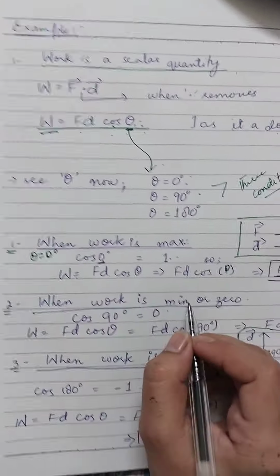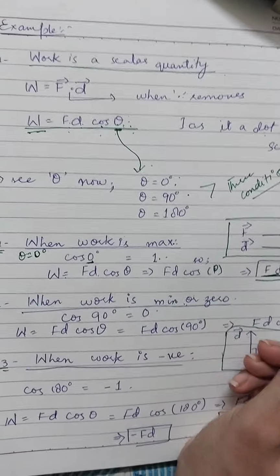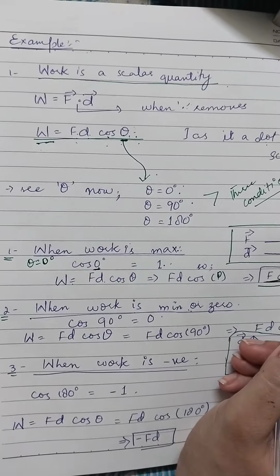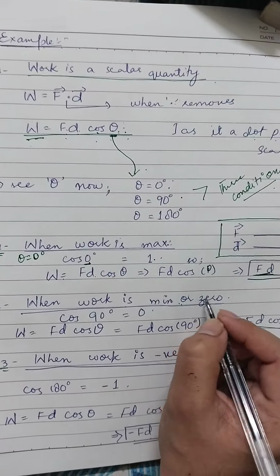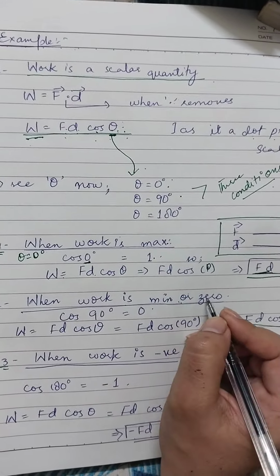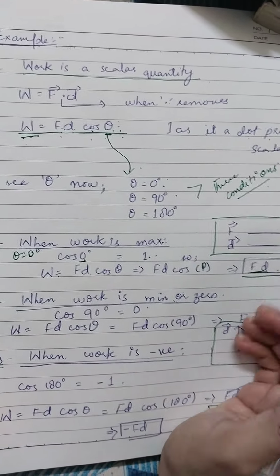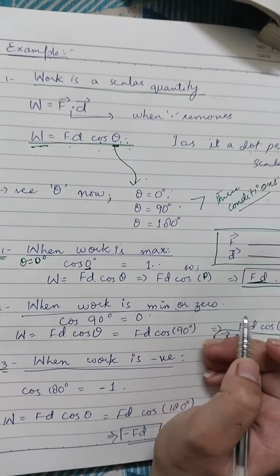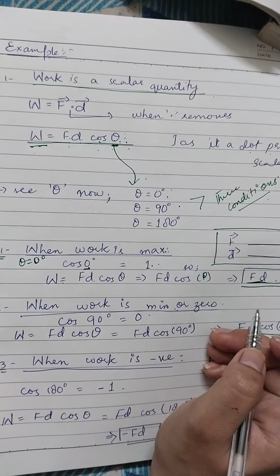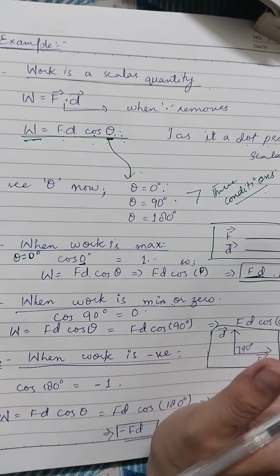Now the second one, when your work is minimum or 0. It looks like a typical one, but it's very easy: sometimes your work done is minimum or 0. I'm giving you a real life example: whenever you are applying force in such a way that no work is being done, at that time the work done is 0.